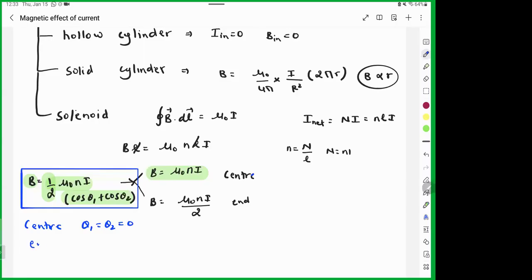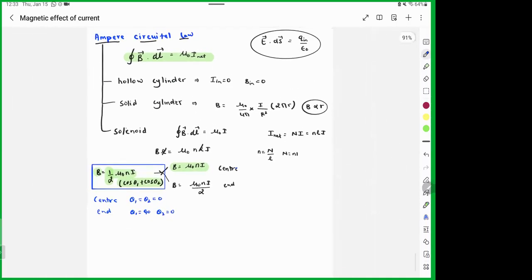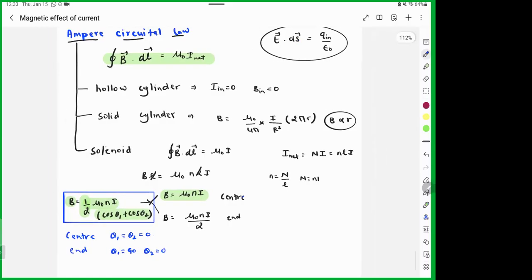And at the end, one angle will be 90 degrees, another angle will be 0. Then, guys, ask me your doubts. Any doubt? No, no, sir.